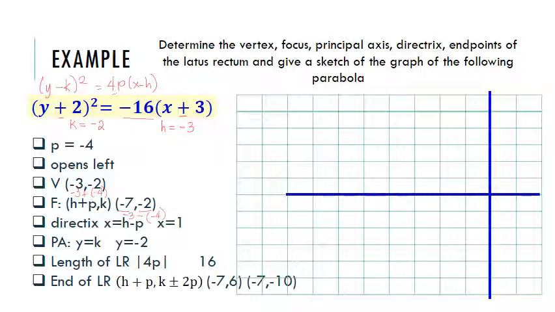Then, the end of the lattice rectum. So, h. Ang h natin is negative 3 plus negative 4. Negative 3 plus negative 4 is negative 7. So, laging negative 7 po. Dito tayo. Sa plus muna. K is negative 2 plus 2 times negative 4.